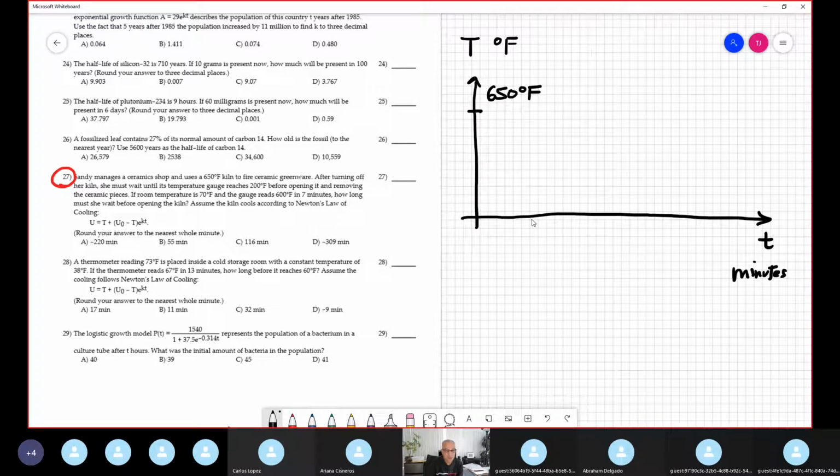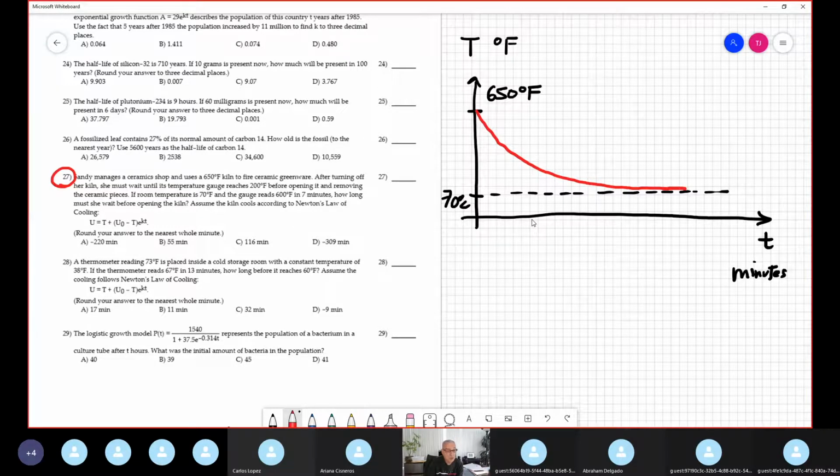Final temperature is always the environment temperature, 70. And this is the exponential decay. The exponential decay is going down, but not to zero. You know, it approaches asymptotically 70 degrees, which is the room temperature.